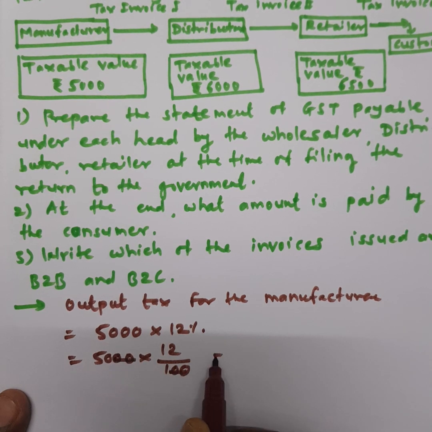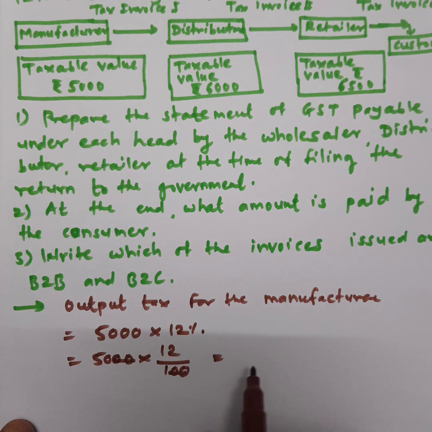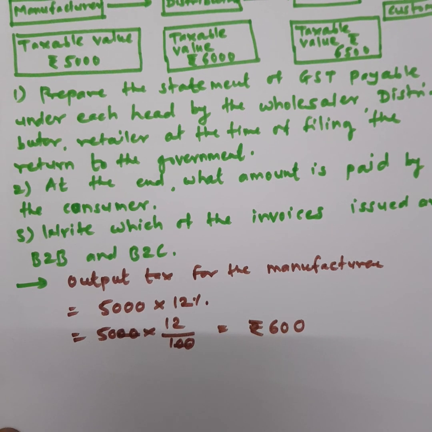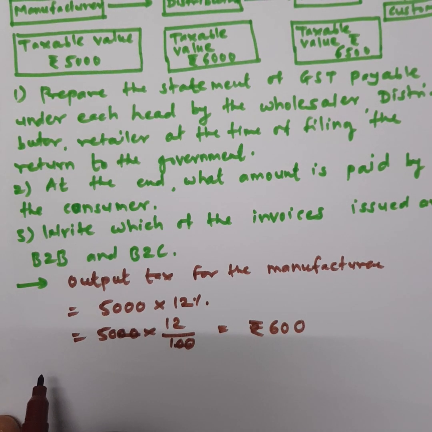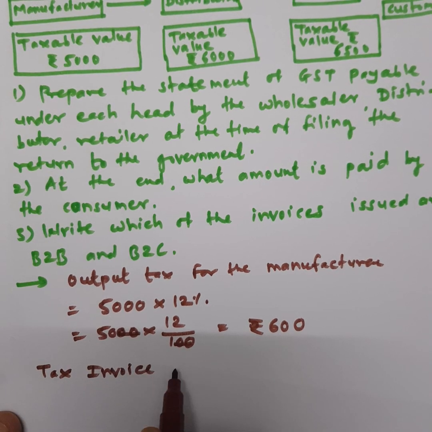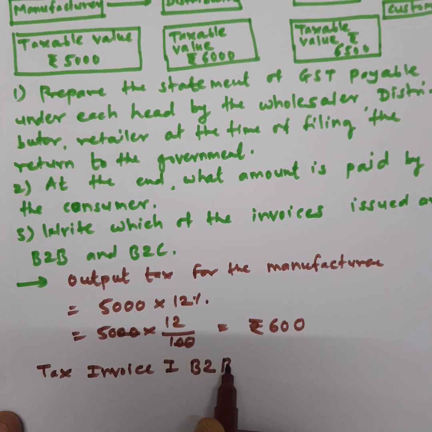Here the answer will be rupees 600. Means in tax invoice first, it is type B2B.